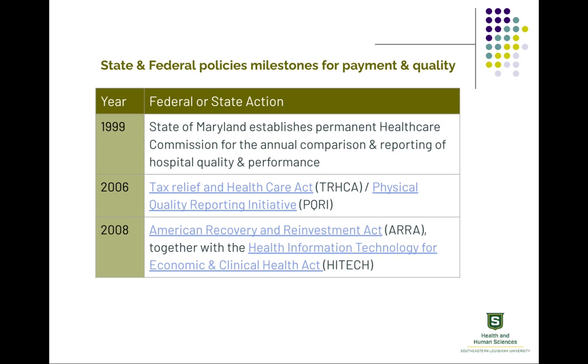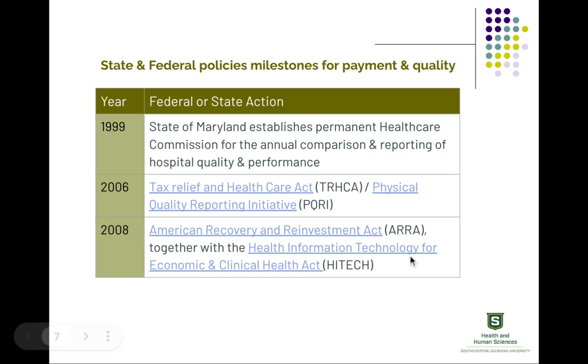There is a state law that was done by the state of Maryland, before 2003, when the Medicare Modernization Act came into effect. The state of Maryland established a permanent healthcare commission, and that was restricted to Maryland. However, other policies were more national, more federal level policies, and those are what we have here.